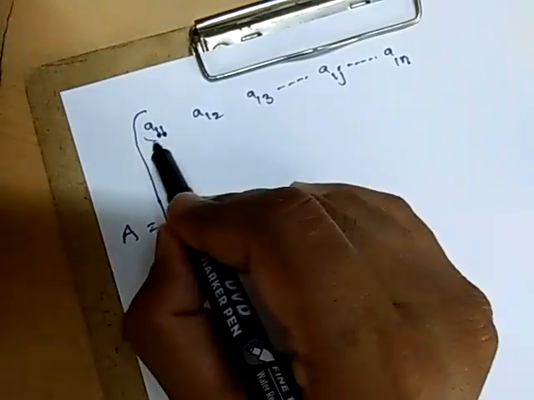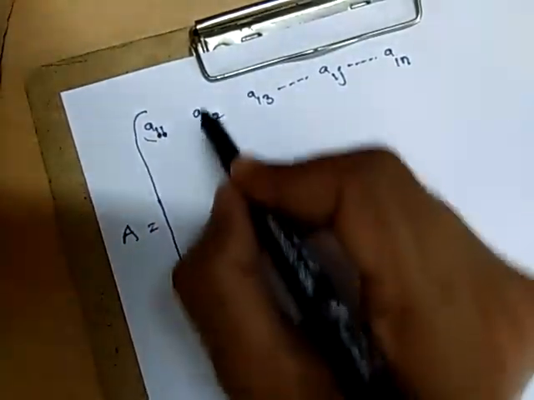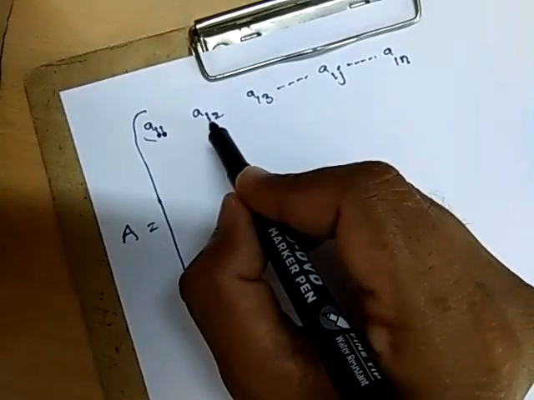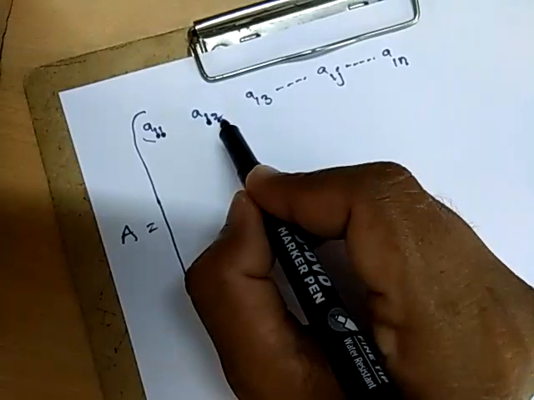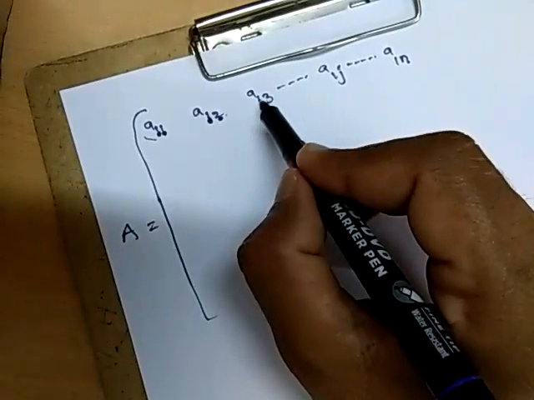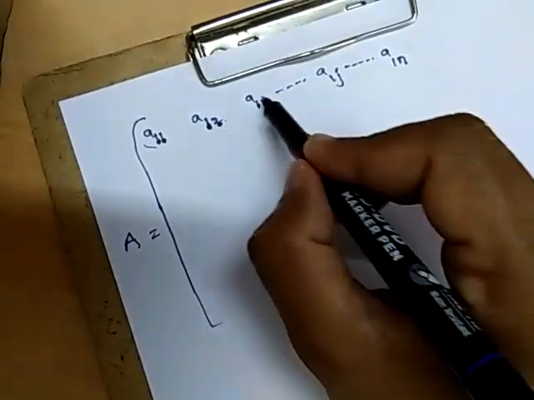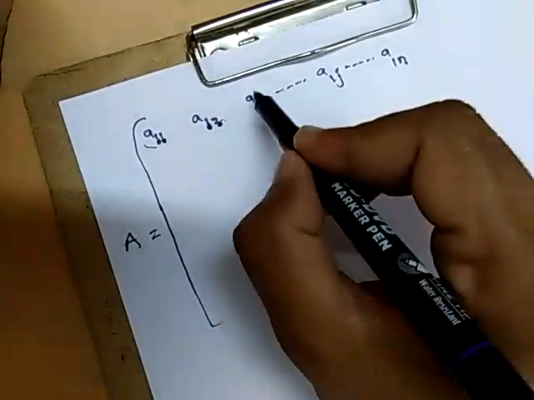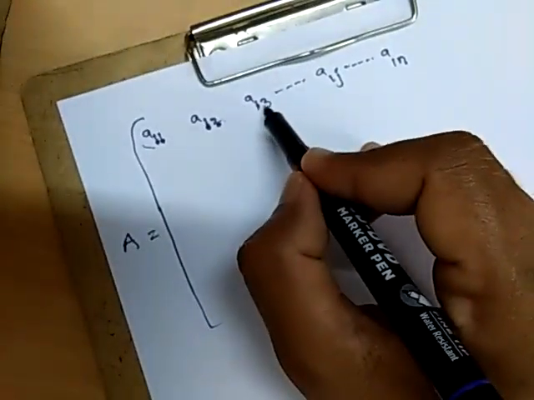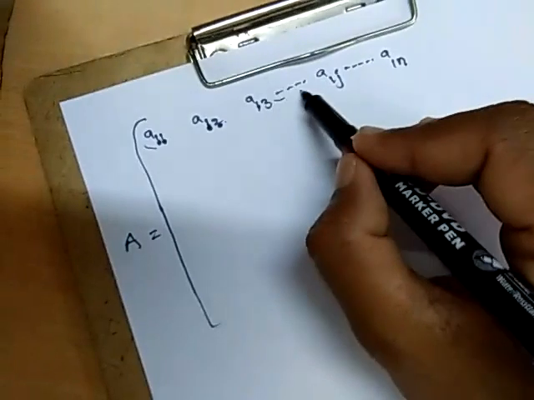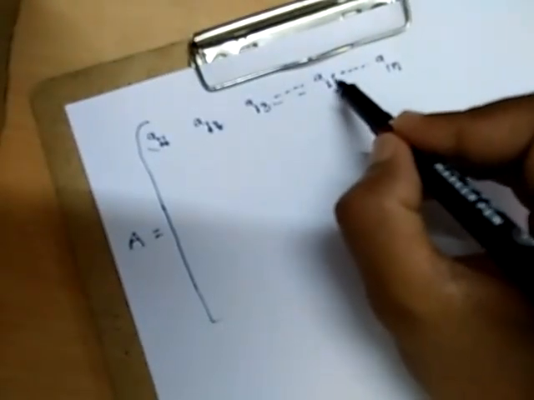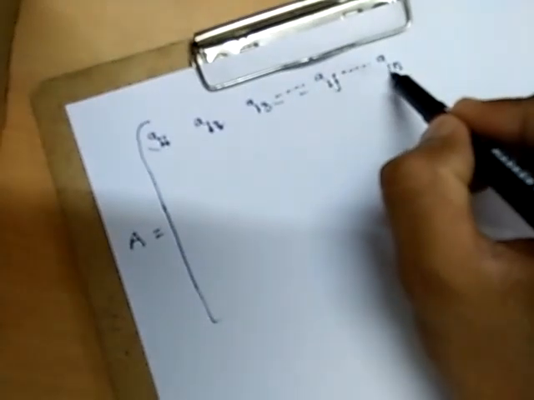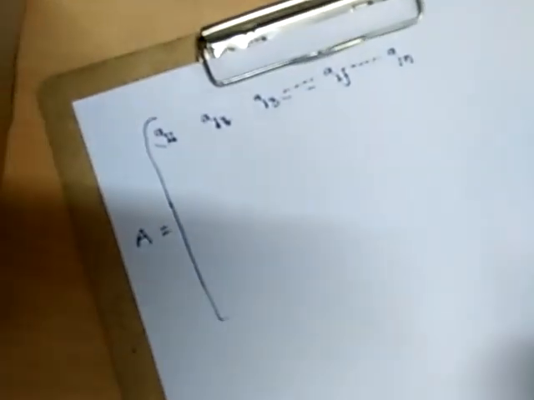This one is first row, second column. This is first row, third column, so a13. And so on, first row, jth column, and first row, nth column.